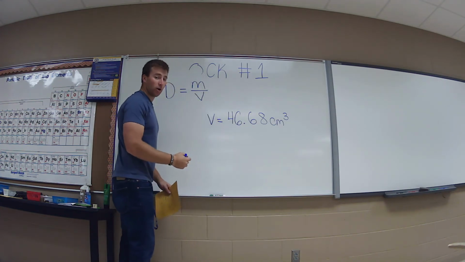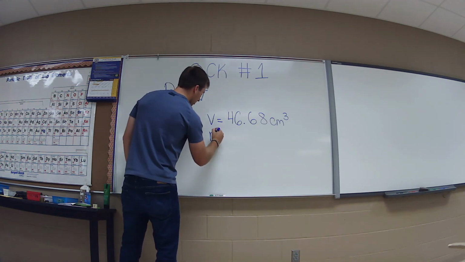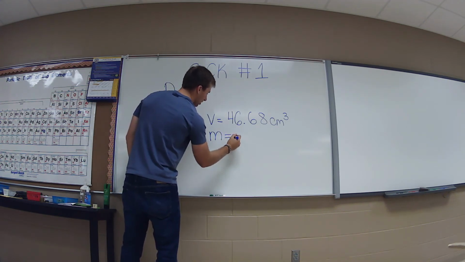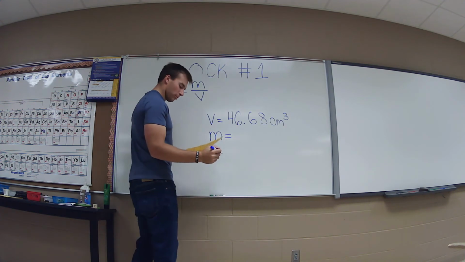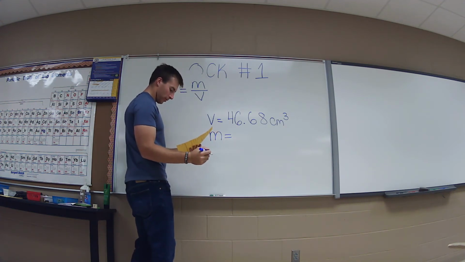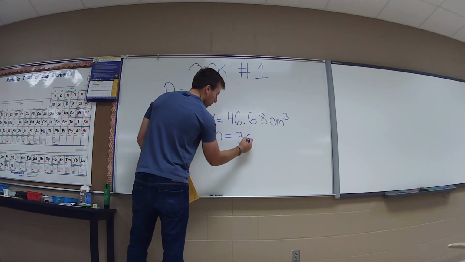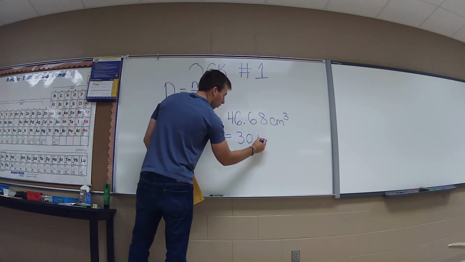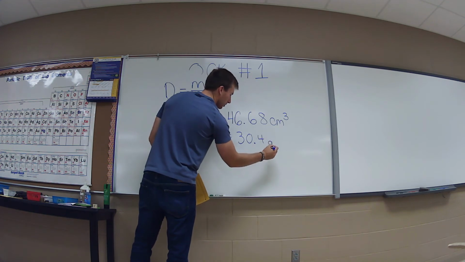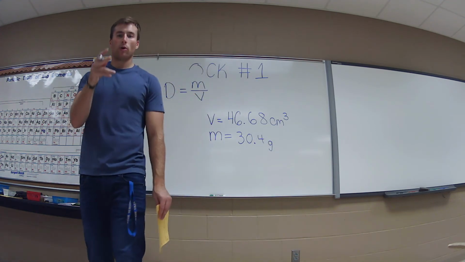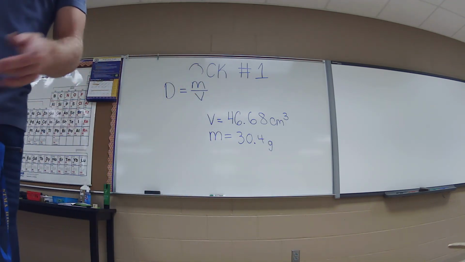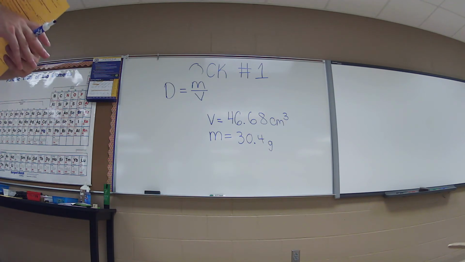We already have our volume right here, and I'm going to give you the mass. The mass of block number 1 was 30.4 grams. From those two numbers, figure out our density.